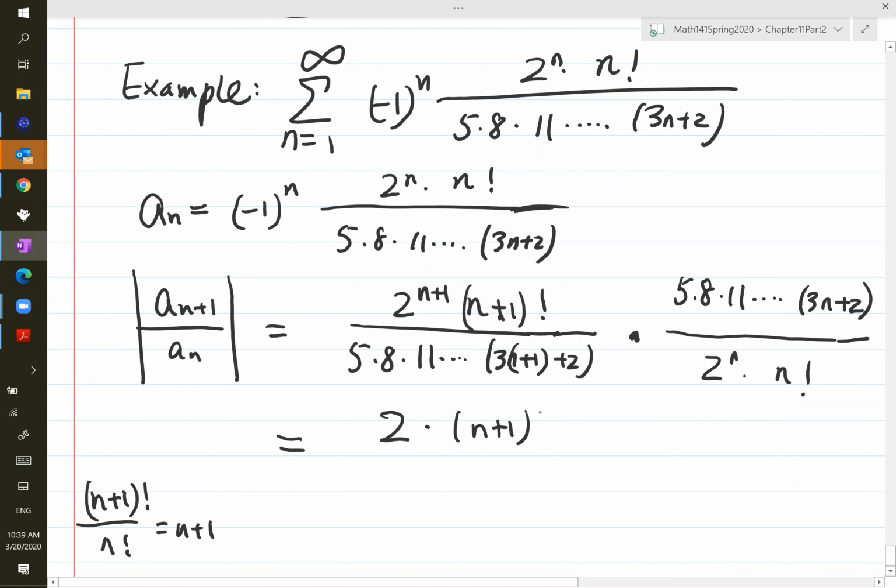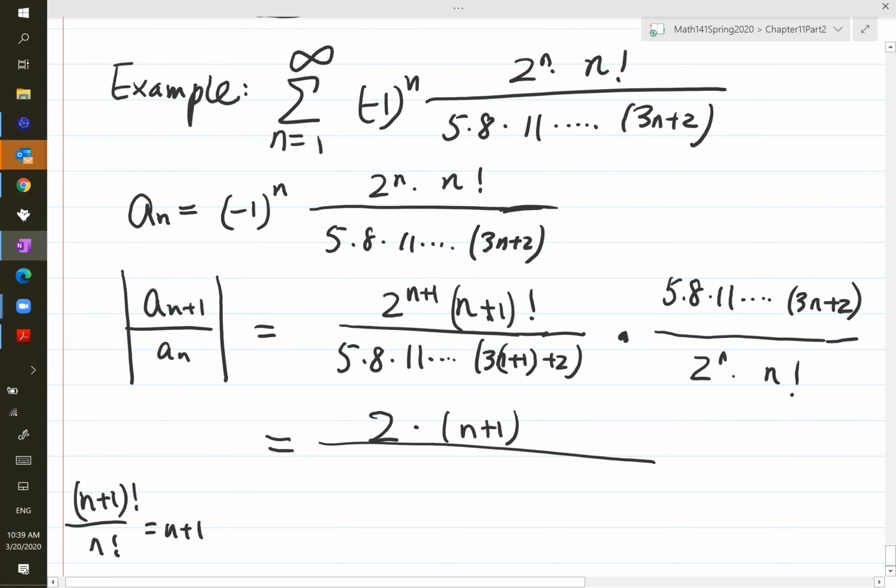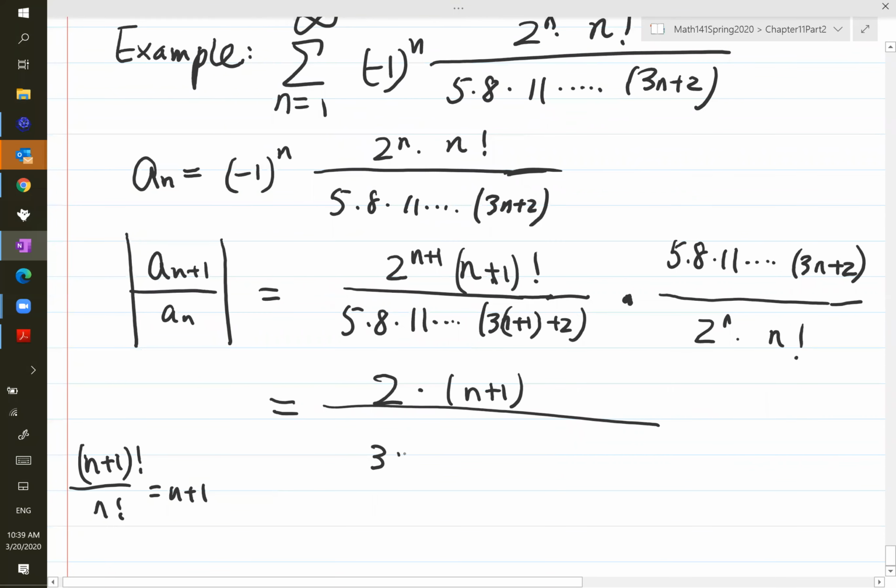Now the 5 times 8 times 11 terms cancel out. Then what remains is one extra factor, the last factor, 3n plus 5.